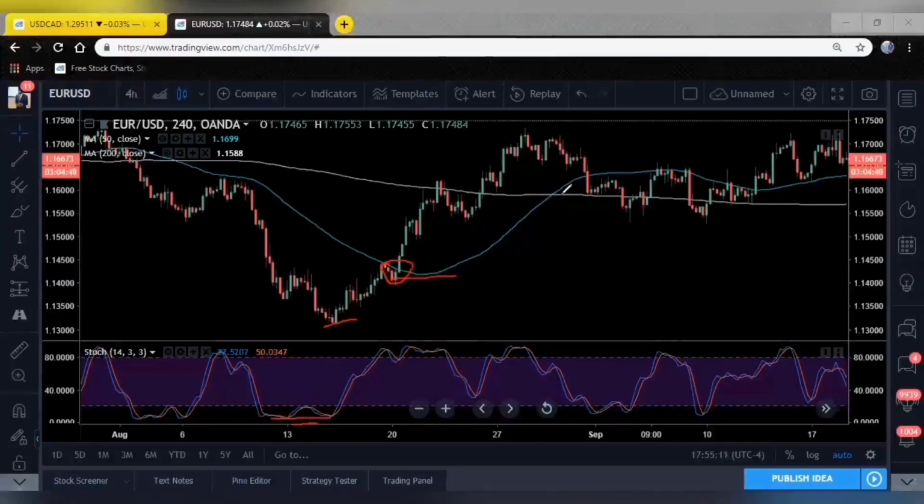The next indication we have, we notice price broke the 200 moving average and fell on top, therefore representing a support moving average right here. We also have a crossing of moving averages here to indicate that price will be buying long term.